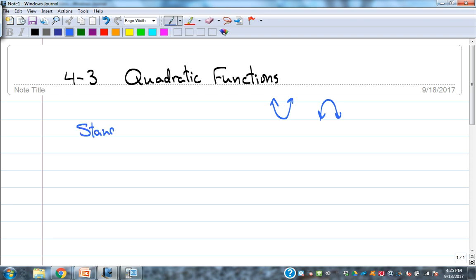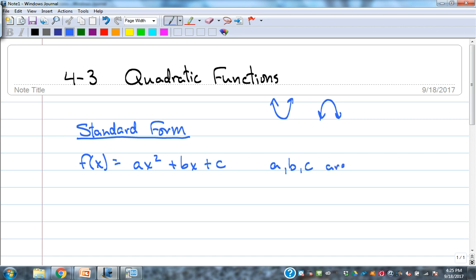Standard form of a quadratic, f of x, y, same thing, ax squared plus bx plus c. A, b, and c are just numbers. Now, in that, certain parts of the a, b, and the c tell you things about this quadratic.